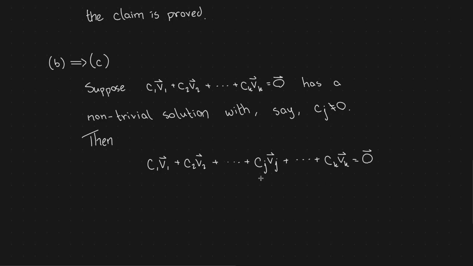What I'm going to do is subtract this to the other side of the equation. Okay? The term that has a non-zero scalar coefficient. So if this is true, it implies that C1v1 plus C2v2, and now I need to indicate that I've taken the jth term out.